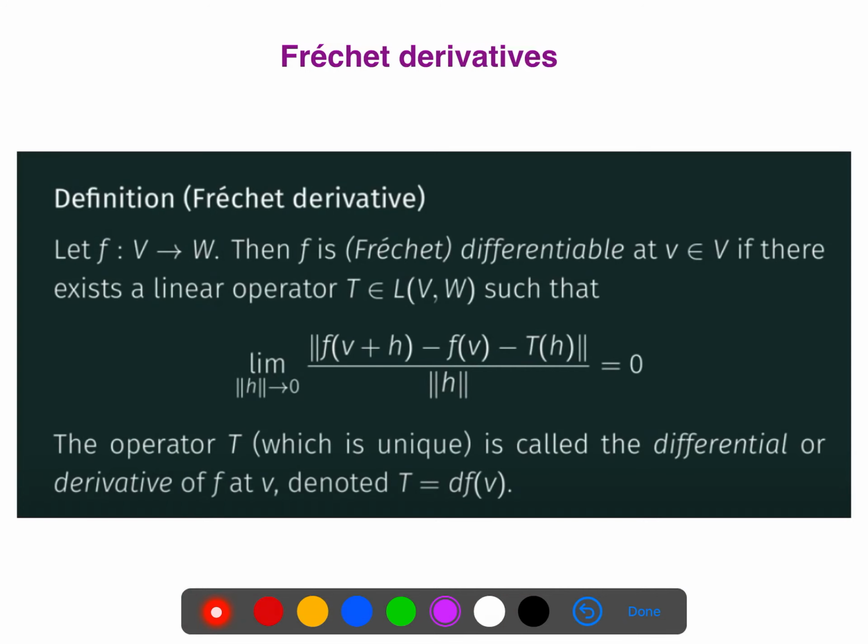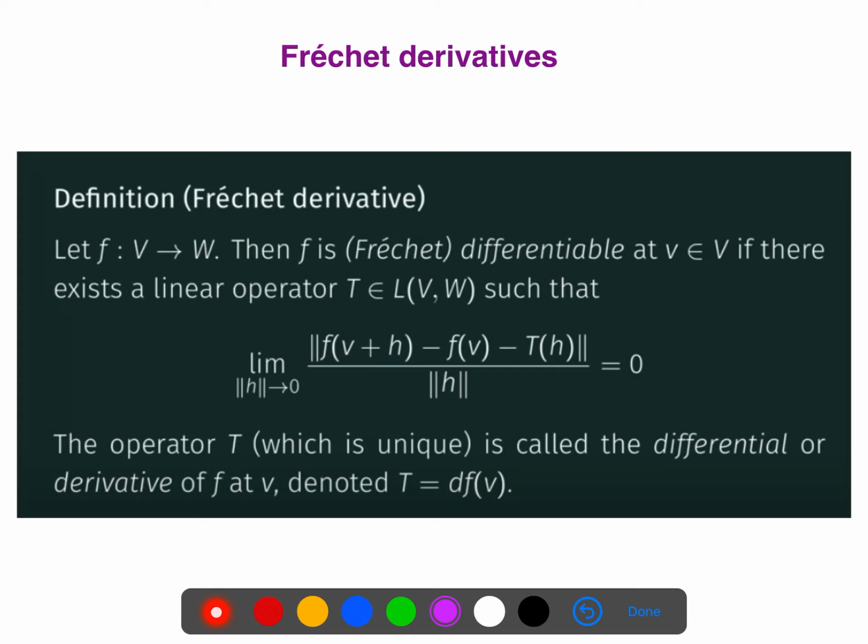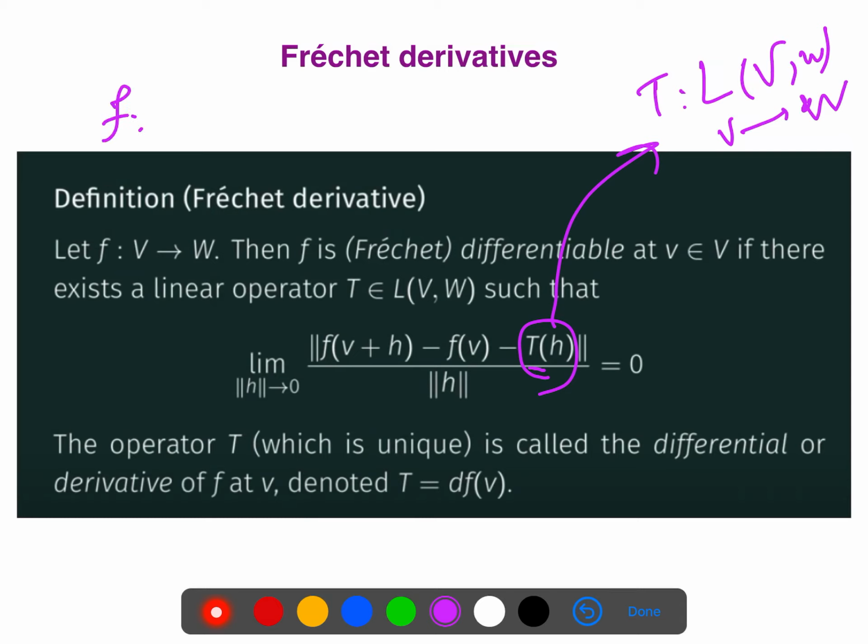And so we need to know about the Fréchet derivative. I mean, this generalization of derivative: if there exists some t that is a linear operator from V to W, and for example, if your function f is from R to R, then it's the simple derivative and they coincide.